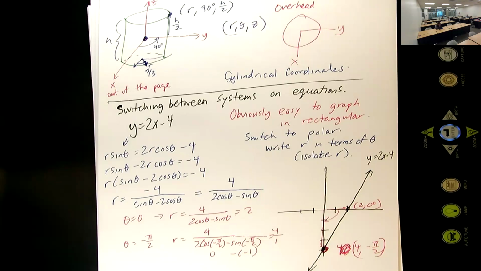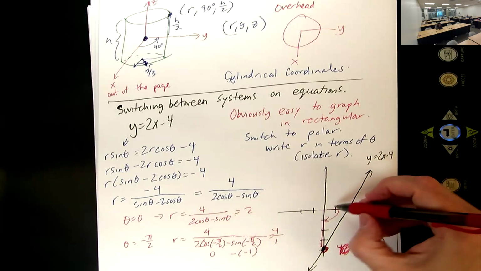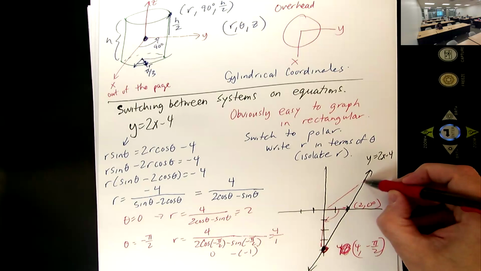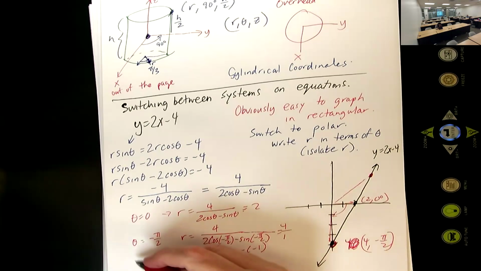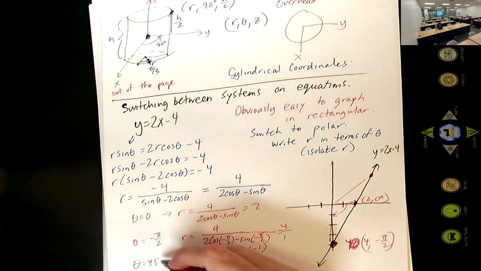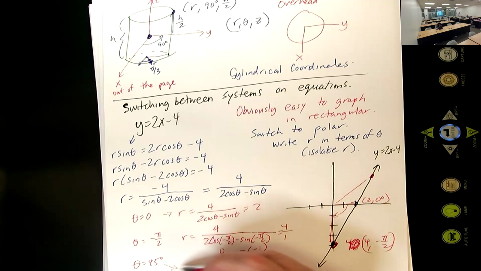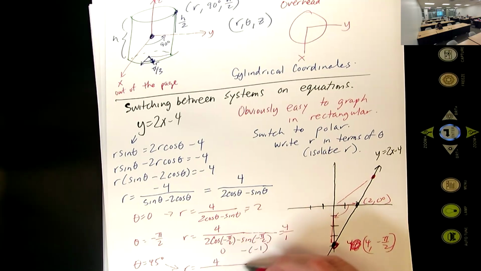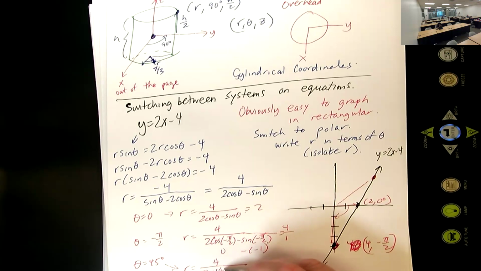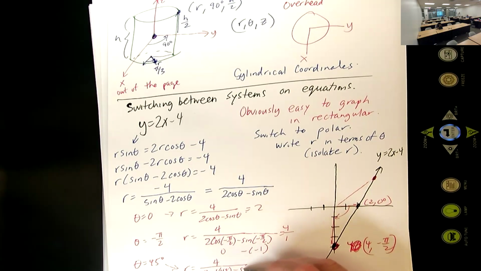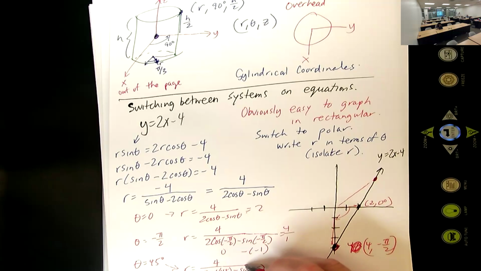If we tried 45 degrees, 45 degrees should be right there. Well, now this is a shitty problem. 2 cosine of 45 minus sine of 45. I need a calculator.